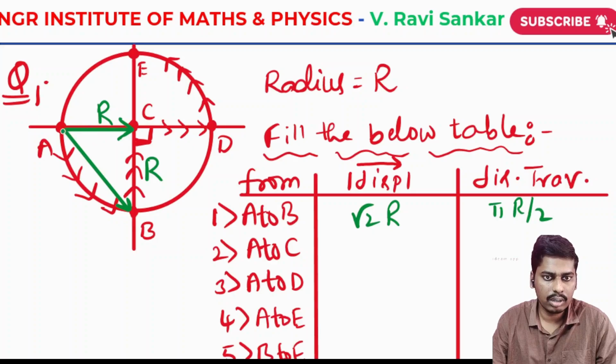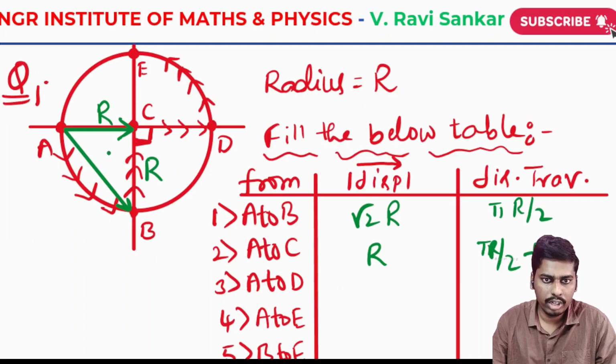And this magnitude is nothing but r. And the distance traveled from A to C is nothing but pi r by 2 and this is r. Pi r by 2 plus r.